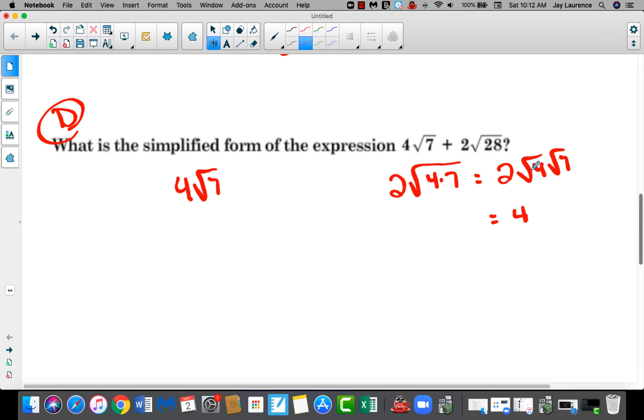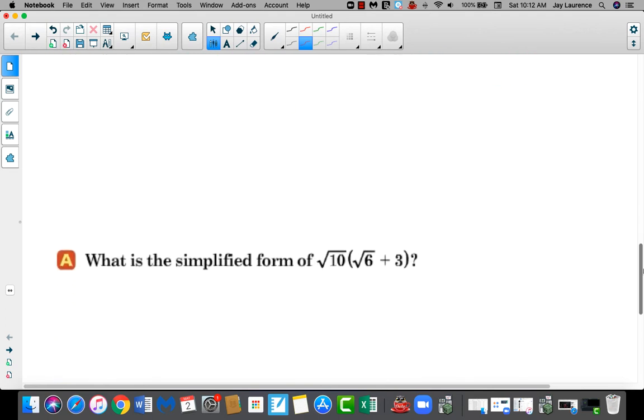Because 2 times rad 4, or 2 times 2, rad 7. So the problem is 4 rad 7 plus 4 rad 7. That must be 8 rad 7s. If I have 4 dogs and 4 more dogs, I have 8 dogs. Yeah, real easy stuff, ladies and gentlemen, especially if you understand the part with the variables.